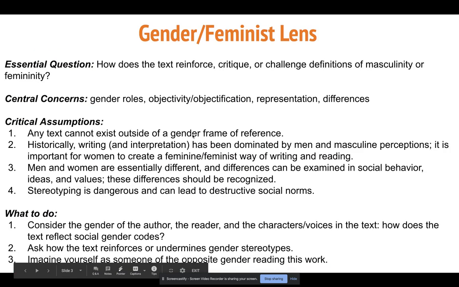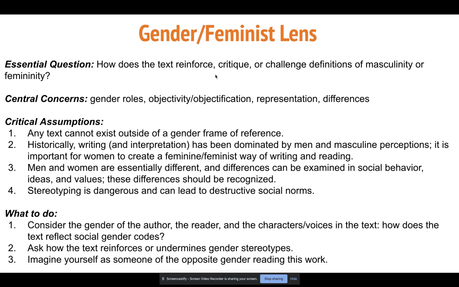Okay. So specifically, we're going to look through these real quick. Keep in mind this is a video, so you guys can go back and you could pause it, you could rewatch it, you could do all of these things. I will also post the slideshow, so you'll have that as well. But essentially, we have here the essential question for gender, feminist lens. How does the text reinforce, critique, or challenge definitions of masculinity or femininity?